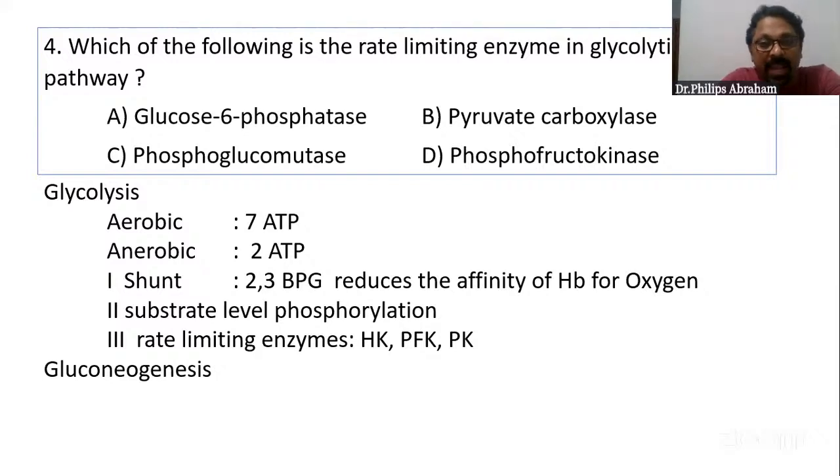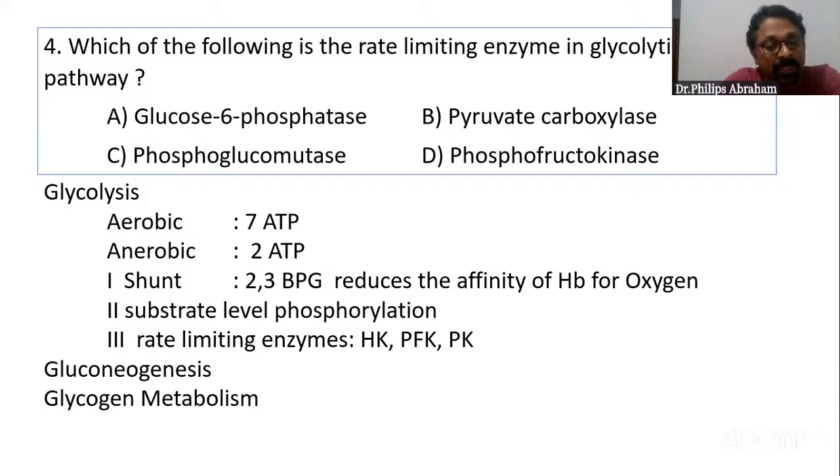The 2 enzymes given in options A and B come under gluconeogenesis, please note: glucose 6-phosphatase and pyruvate carboxylase. The other two are fructose 1,6-bisphosphatase and phosphoenolpyruvate carboxykinase. Those are the four major enzymes of gluconeogenesis.